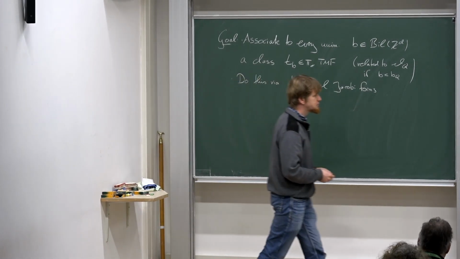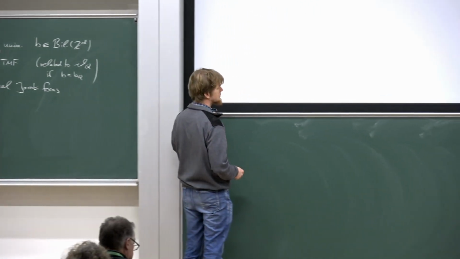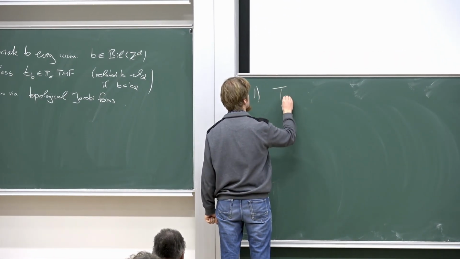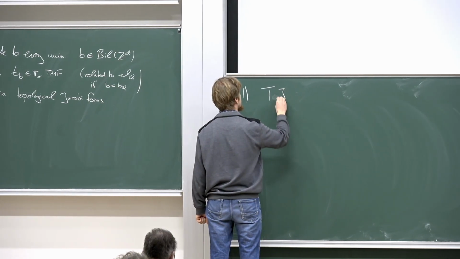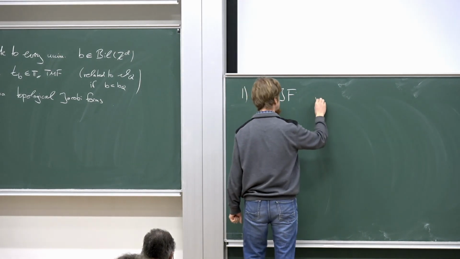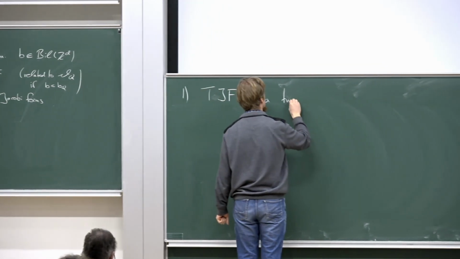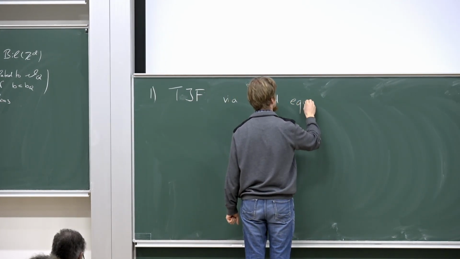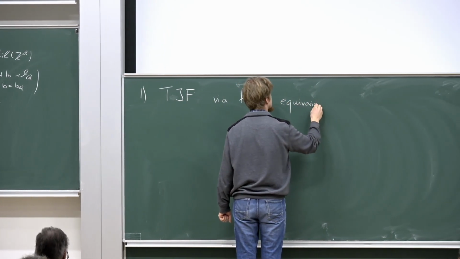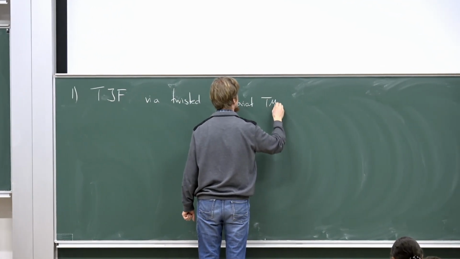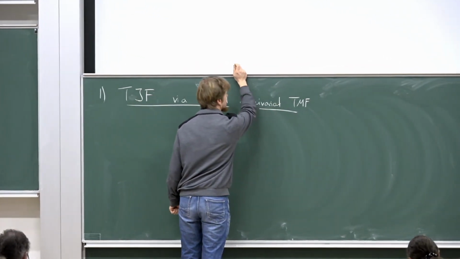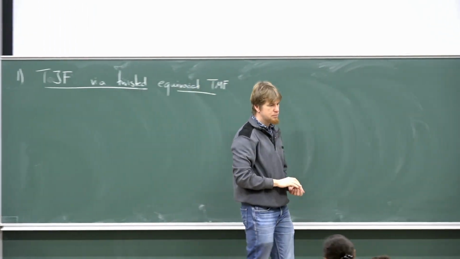So topological Jacobi forms, or TJF, abbreviate via twisted equivariant TMF.